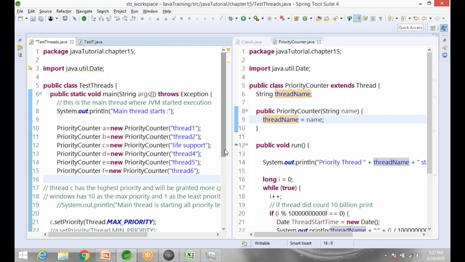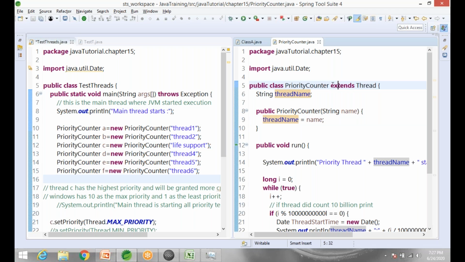All right, so there's one more thing you guys need to remember. Extend thread is one way to create a thread program. But this gives us a new problem. What if this program is already a subclass of another program, but it still needs all the features of a thread or parallel programming?